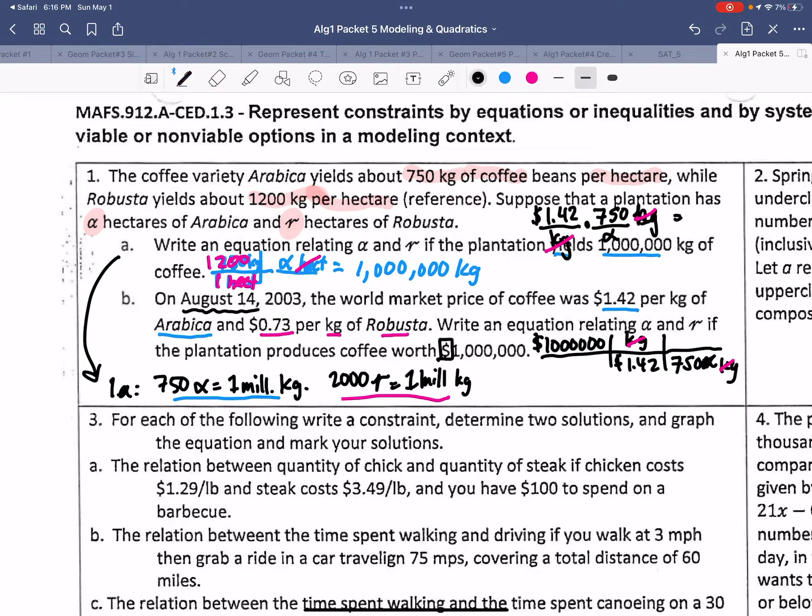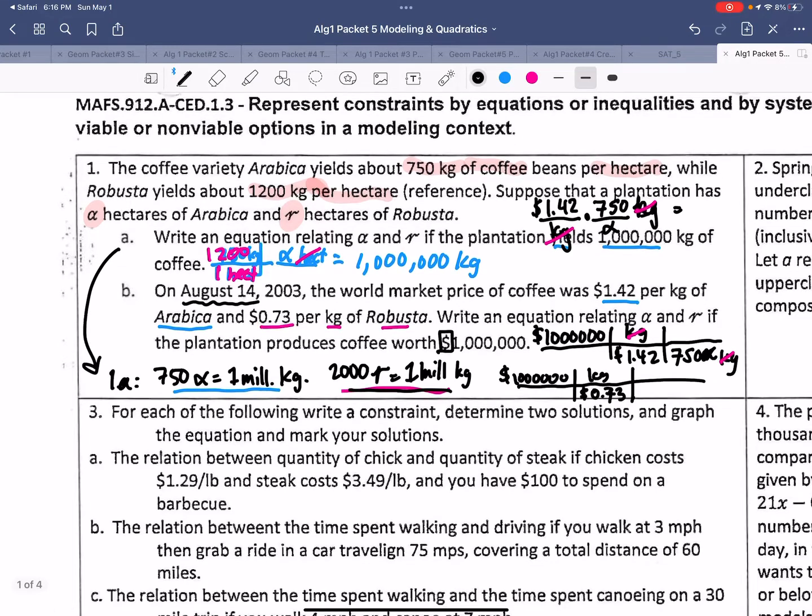Kilograms cancel, and we have an equation relating to alpha. My next equation would be the same, $1,000,000, but I now use the other one. So I have 73 cents per kilogram, and then 1,000,000 kilograms is equal to 2,000 rho.